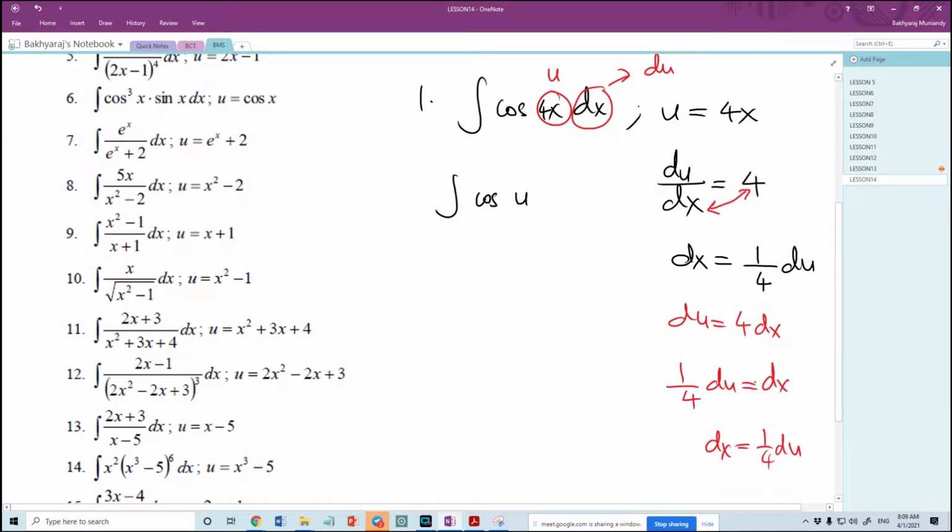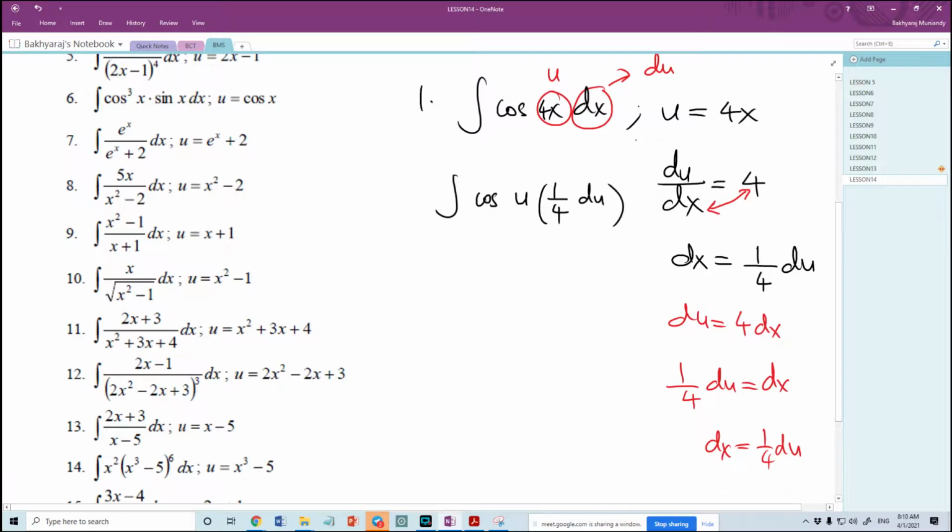Once I get this, now I need to substitute. Once you substitute for x, it becomes u. The dx you also need to substitute, so dx you substitute as 1 over 4 du. So we get 1 over 4 du.